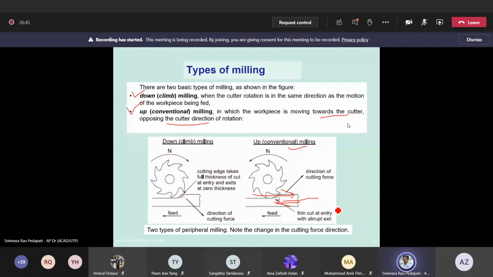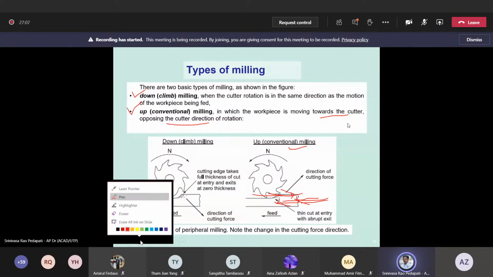They are in opposite directions. So the cutter and the feed movement are opposite to each other. That means the velocity vector is pushing this way, whereas the feed is pushing this way.